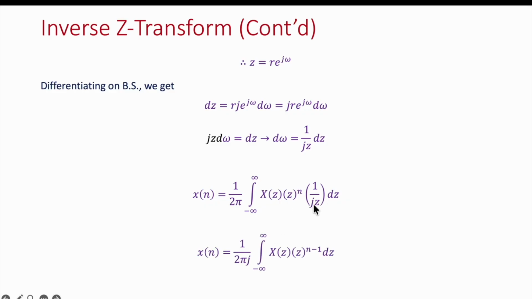Because this is a constant, you can take it outward, so 1 over 2 pi j, but this power of z is positive. If you take it upward, its power becomes negative, so because the bases are the same, the powers will be added, like you can write z to the power n minus 1 dz.